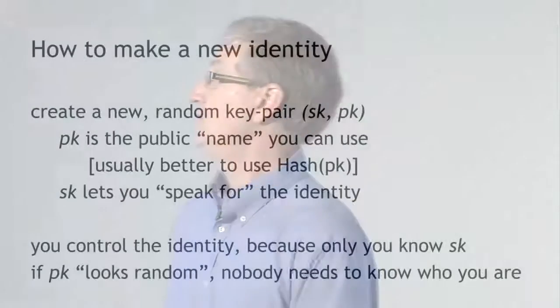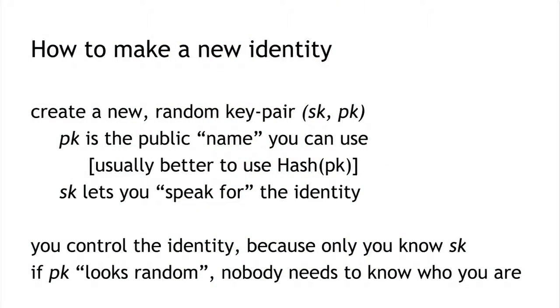All right. So if we're going to treat public keys as identities, one of the consequences of that is that you can make a new identity whenever you want. If you want to make a new identity, you just do this. You create a new random key pair, SK and PK, by doing the generate keys operation in our digital signature scheme. And we get out SK and PK. PK is then the public name that you can use.